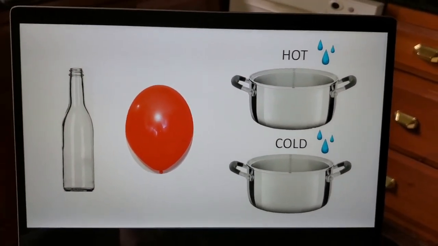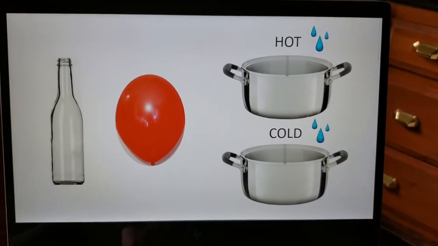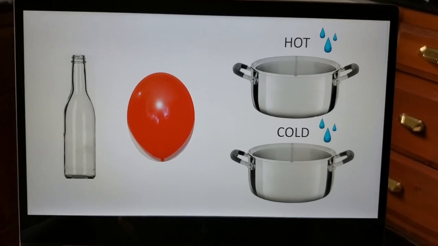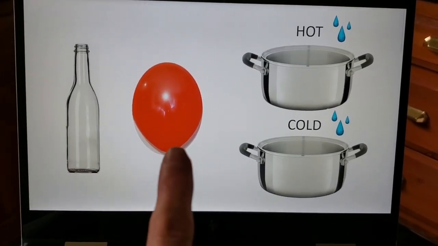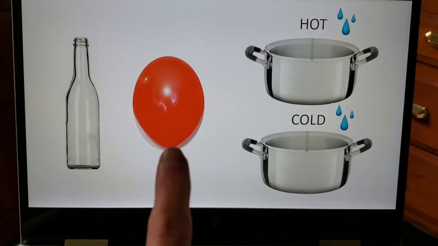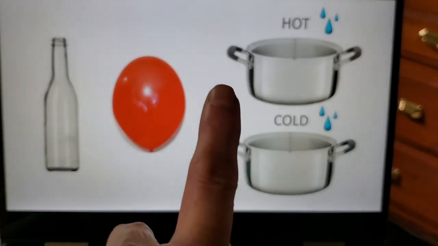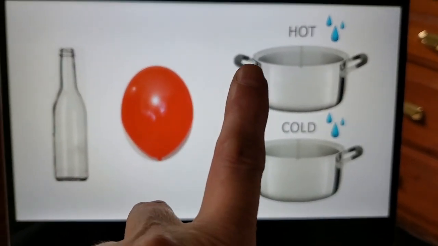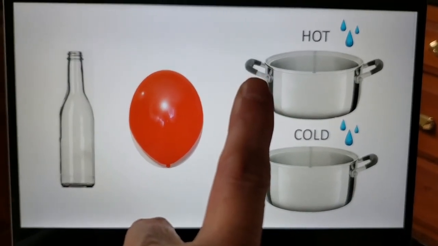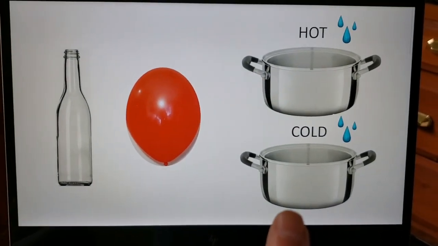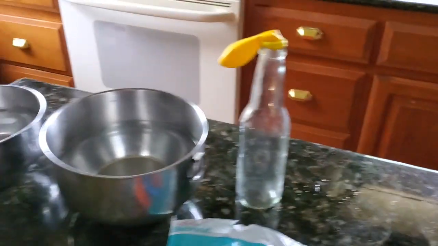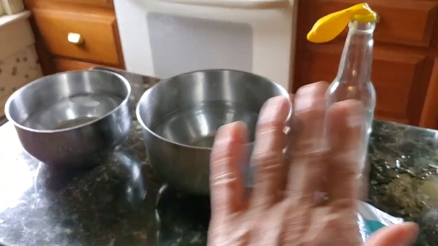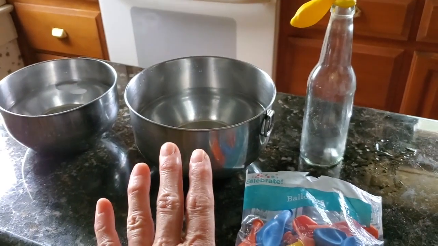So how do we build our own balloon barometer? The balloon barometer will need a narrow-necked bottle like this one, a balloon like you might have at a birthday party, and two pans, one with hot water that you can get from your tap, as well as cold water. As you can see here, I have all of my essentials to build the barometer.